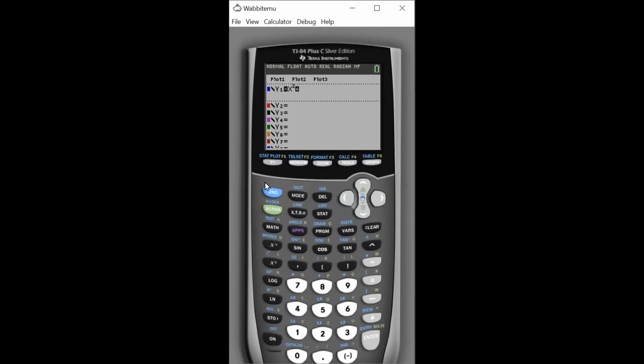X squared over 2, plus 2 times c, or in this case, variable x, minus e to the power of c, or in this case x, minus 1. Then the bottom function, 0.5, that's half, multiplied by 0.80307.